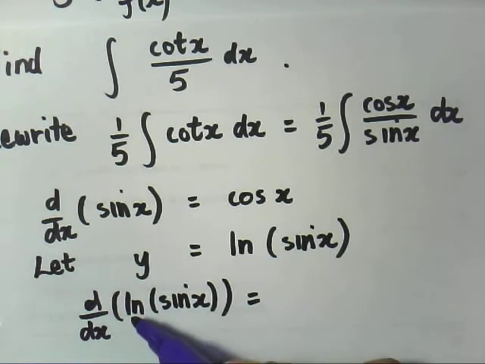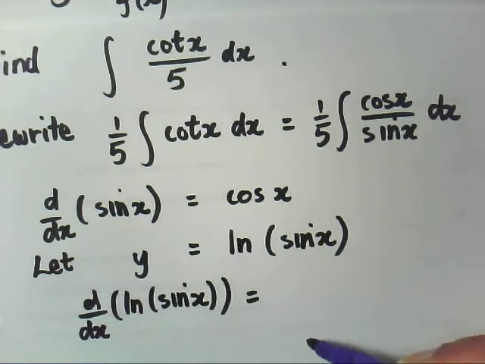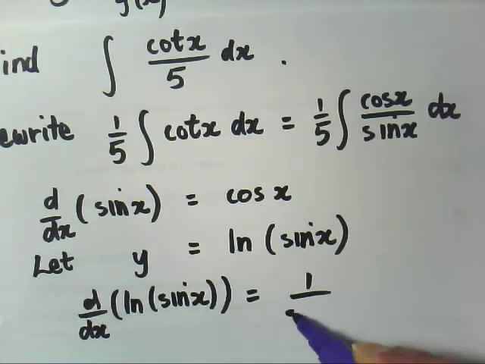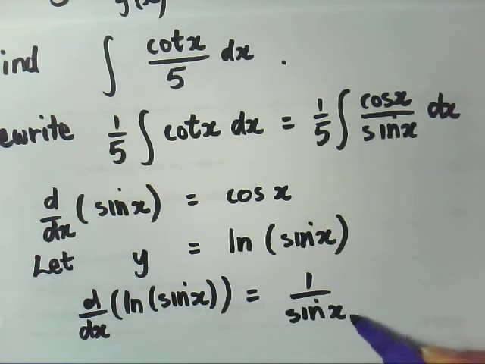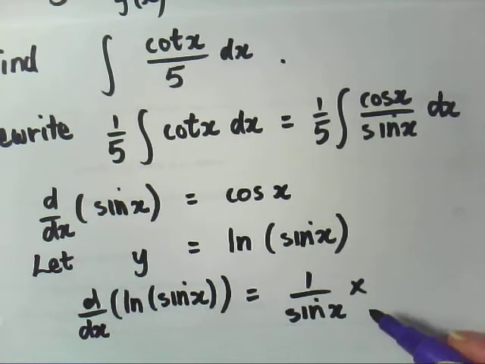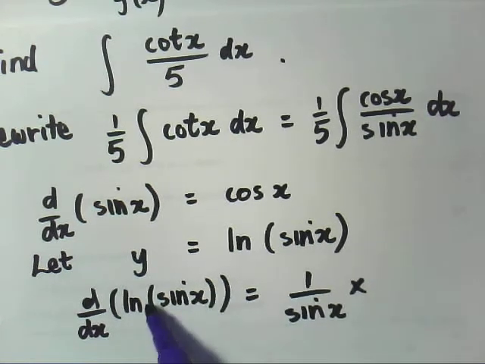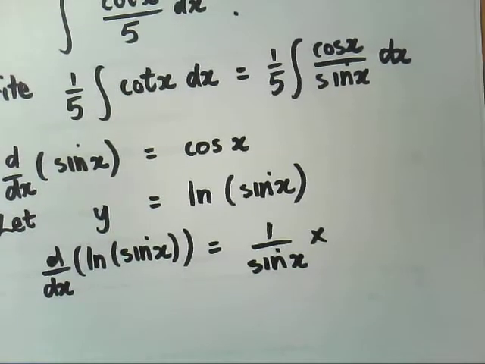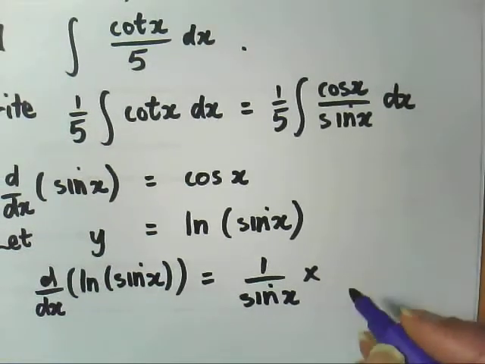So whenever we differentiate natural log, we get 1 over f of x. So the function happens to be sin x, so it's 1 over sin x times, remembering the chain rule, the differentiation of that function within the brackets, which just happens to be cos x.